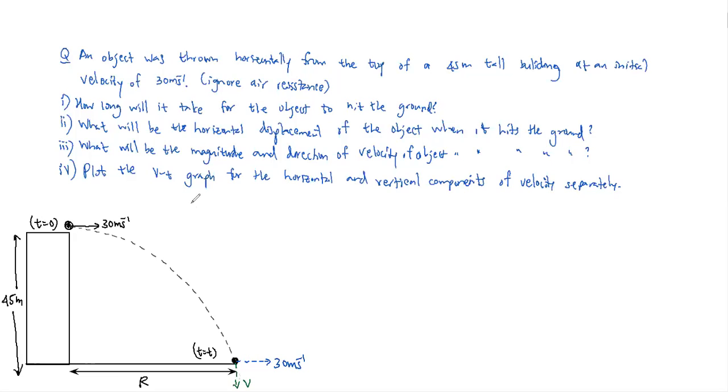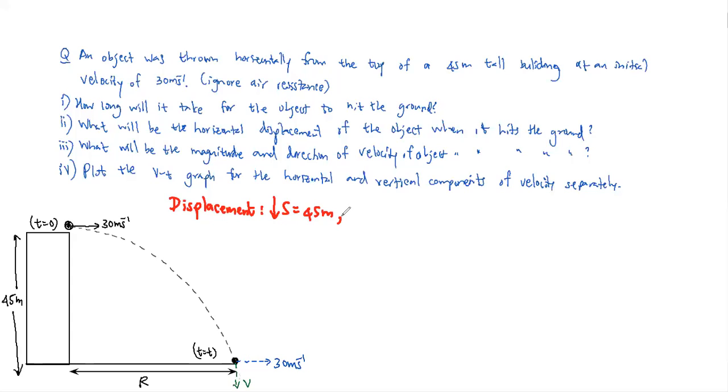Now for the object, it will have a displacement. Now considering displacement, I said it has a vertical component and a horizontal component. So displacement in the vertical direction will be downwards 45 meters. Okay. From this level, it has gone down 45 meters.